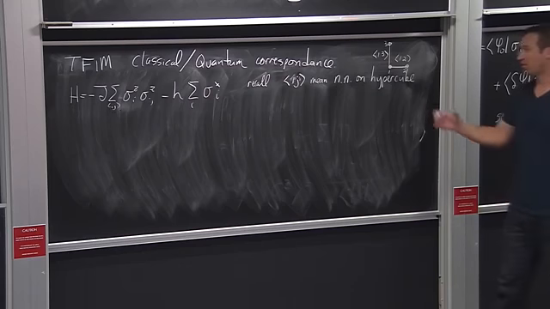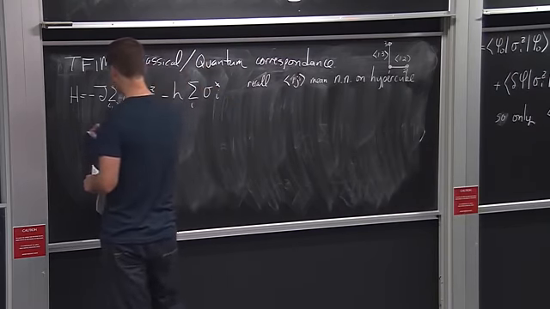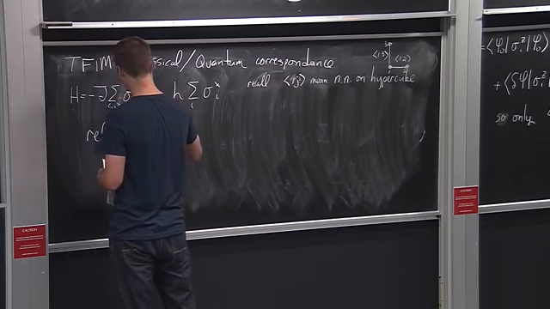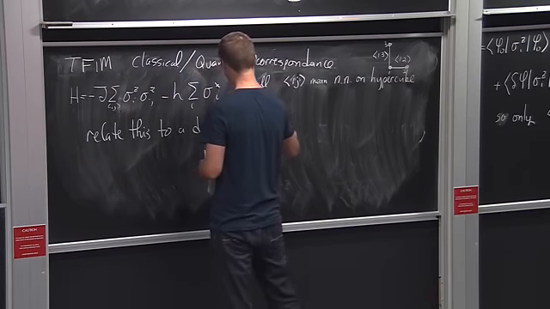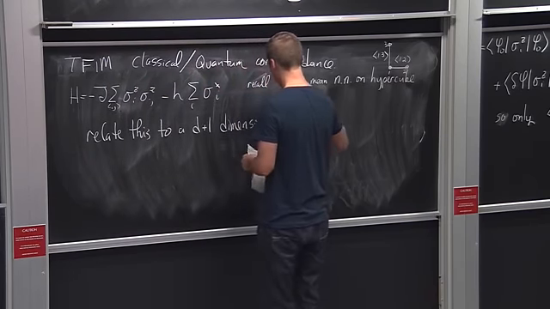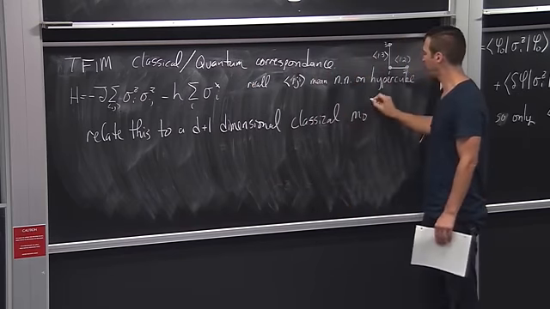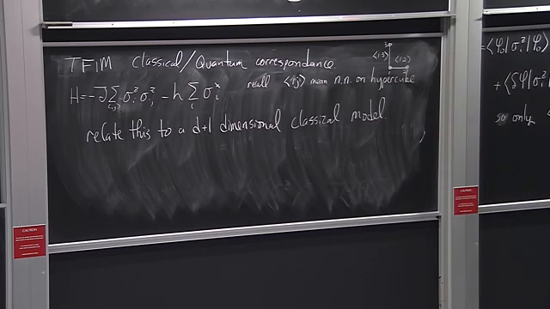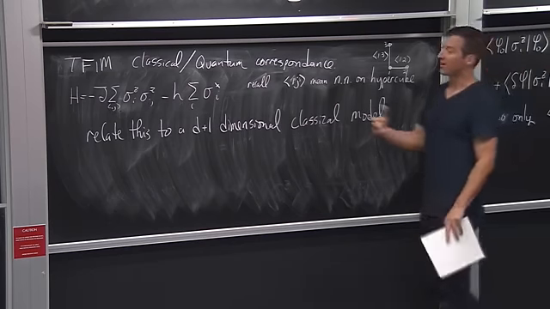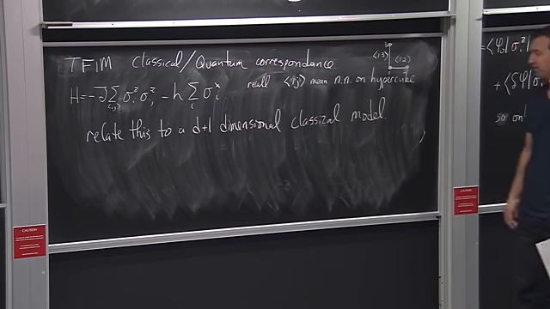So what we're going to do in the quantum classical correspondence is relate this spatial model that has non-commuting operators to a d plus one dimensional classical statistical mechanical problem, basically. And we're going to eliminate the operators. We're going to eliminate the description of this as a Hamiltonian.